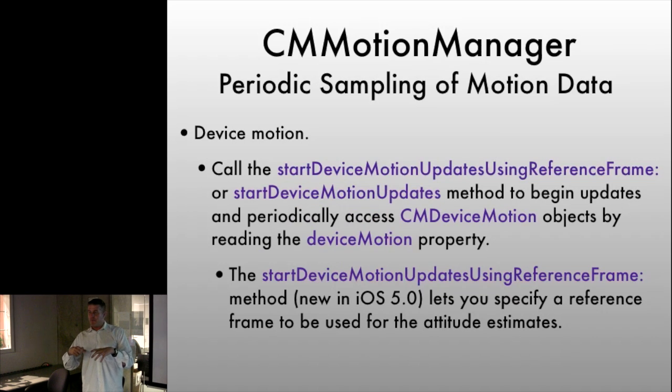This is the same device motion object that I was just speaking about in terms of the reference frame. This is how you would use it in a polling situation as opposed to an interrupt situation. It fuses those two ideas: you start getting the updates and query a property for the actual data, except in this case, with device motion, you can pass in a reference frame to get relative data back out of the sensors.